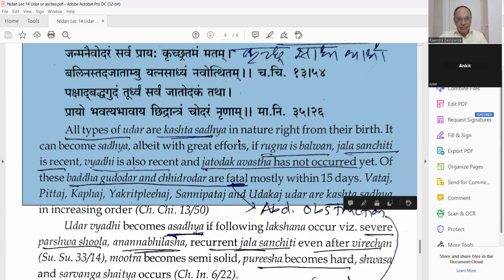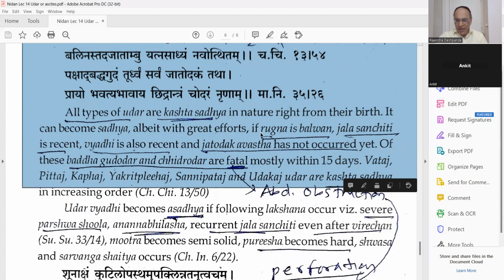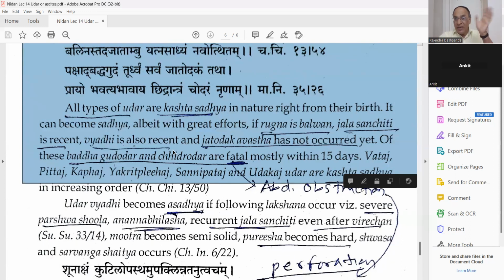All types of Udara are Kashta Sadhya in nature, right from their birth. It can become Sadhya with great efforts if the Rugna is very strong, Balavan. If the Jalasanchiti is very, very little and recent, then the Vyadhi is also recent, not many years, only 1 month.